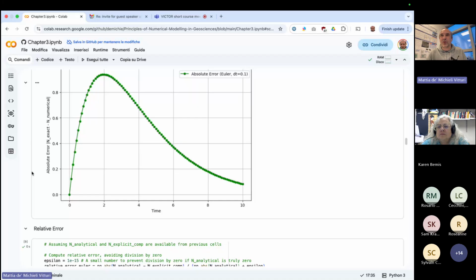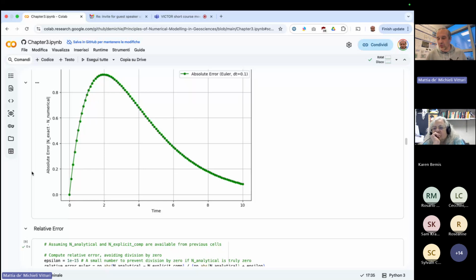If you have a scheme of order 2, and you want, let's say, to decrease the error by 1 order of magnitude: with a first order scheme, you have to decrease the time step, and so increase the computational time, by a certain amount.